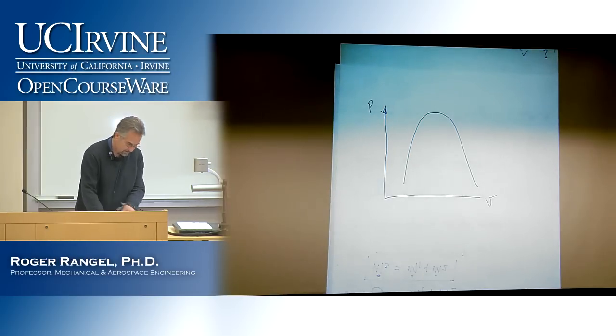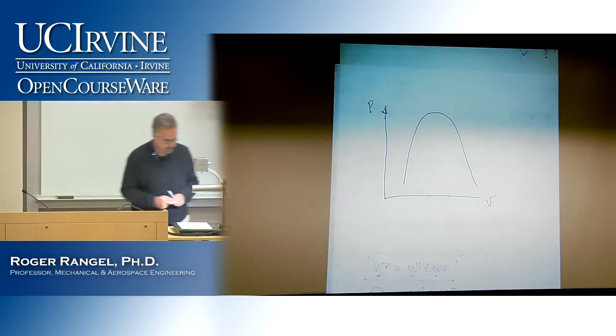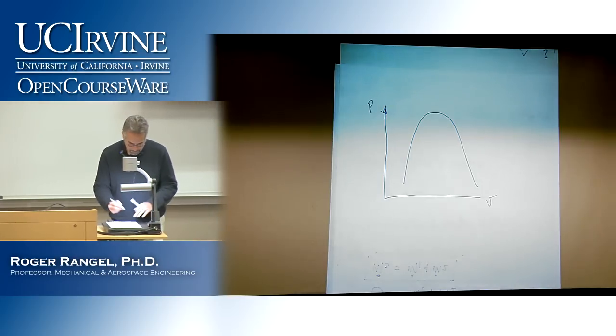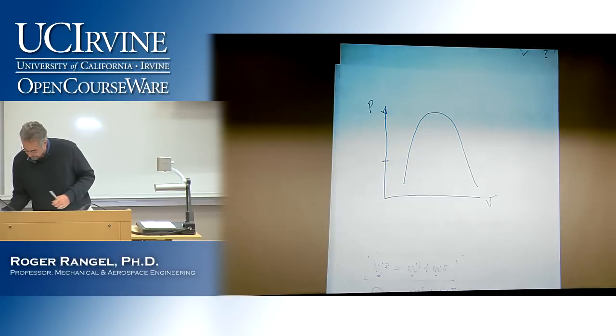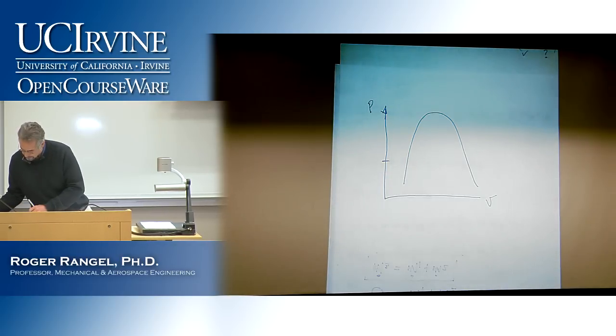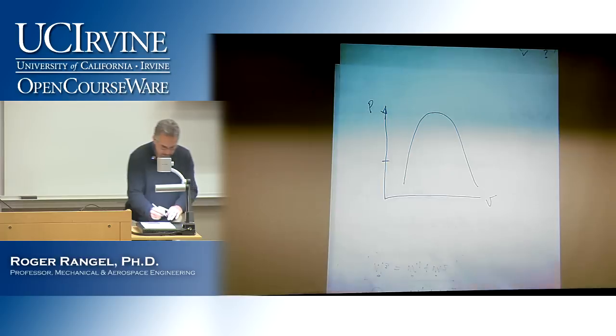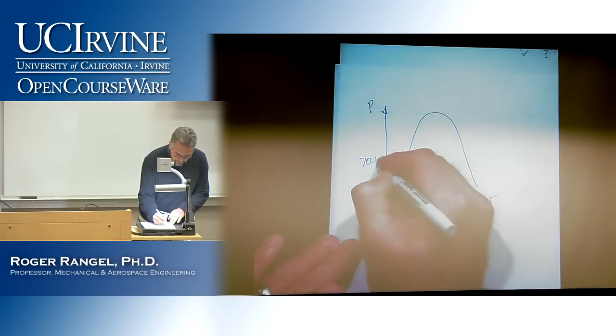There's my red. So whatever the pressure is at 90 Celsius, that pressure is 70.1 kilopascals. So this is 70.1.